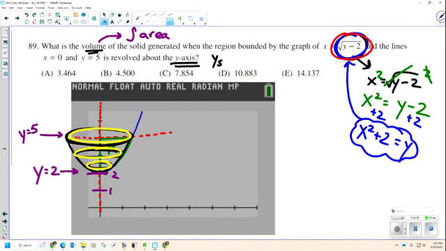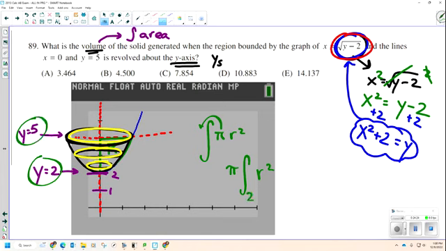Let's do this. I'm integrating. This is pi r squared, okay? And the pi is a constant, so that's going to go on the outside. Pi r squared. My bounds are from 2 to 5, and my radius is my function, the square root of y minus 2.